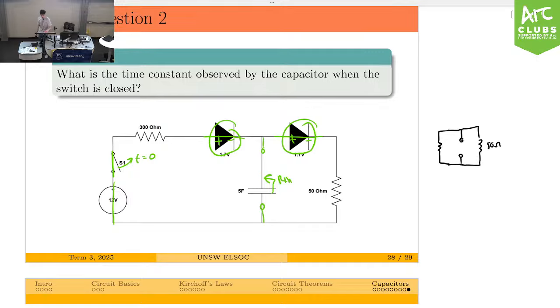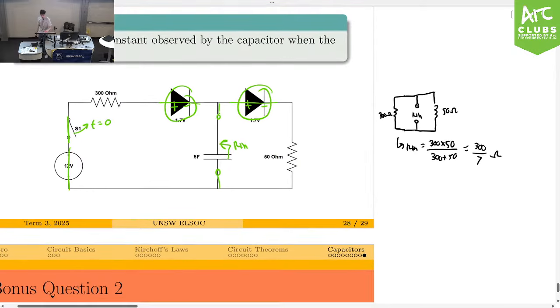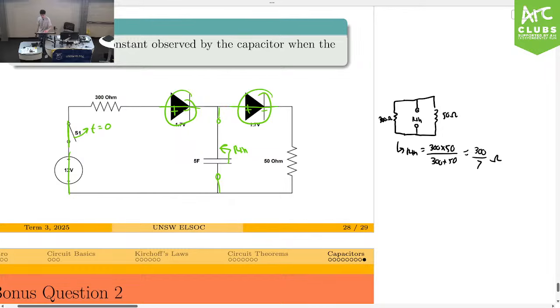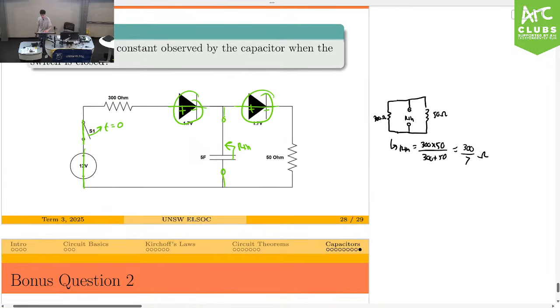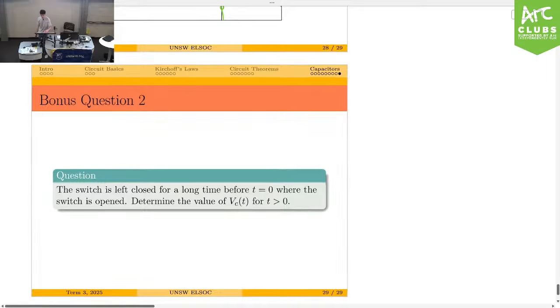This is 50 ohms, and this is 300 ohms. So you're just shorting all the sources, and then you get 2 resistors in parallel. And so that tells you that RTH is equal to this, which is that, I think. Yes, that's right. All right, so that's RTH.